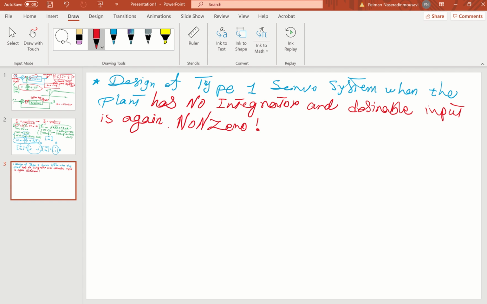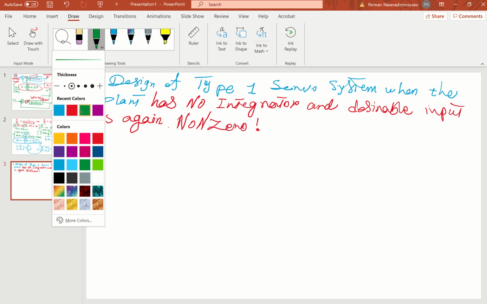Here we go. Okay, so what's that? The solution is this. This is how we design the controller this time.